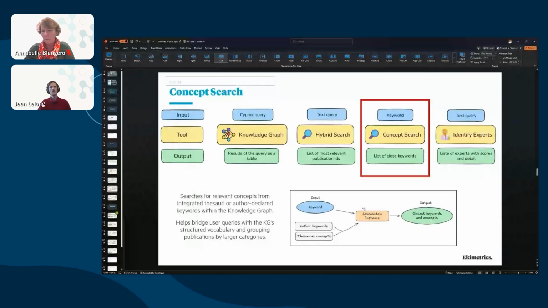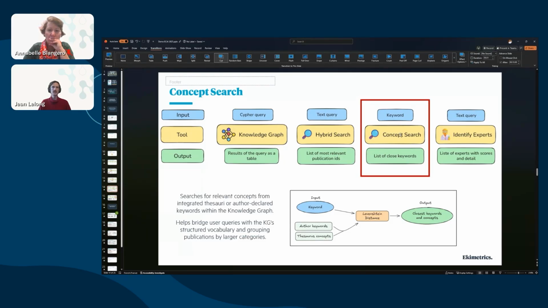And so this allows the model to find the same kind of entry point into the graph, to really have a topic entry that will lead to several publications. So for example, climate change or things like that. For the keywords, we understand directly how it works.